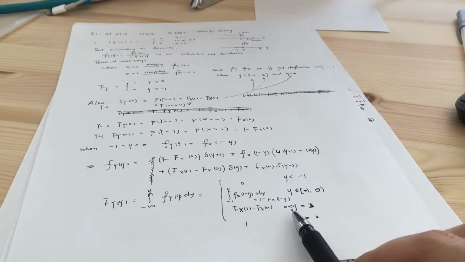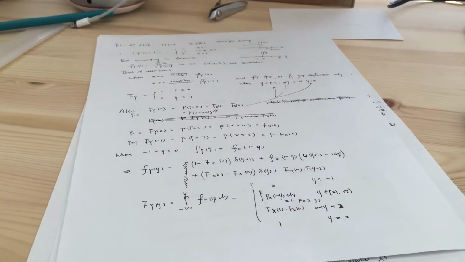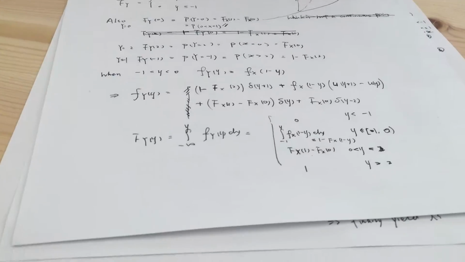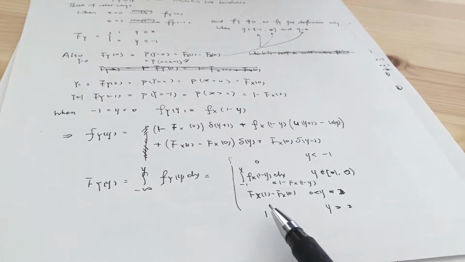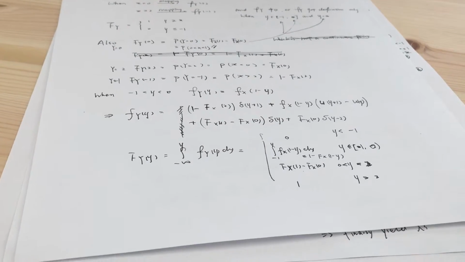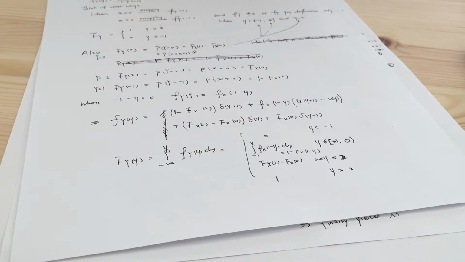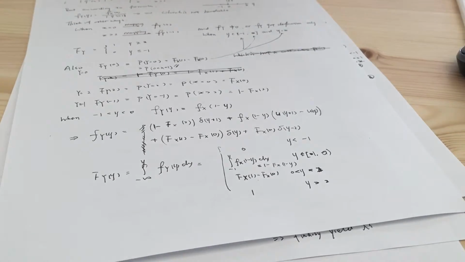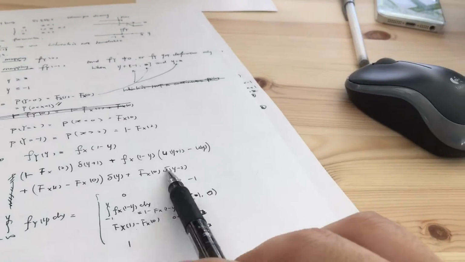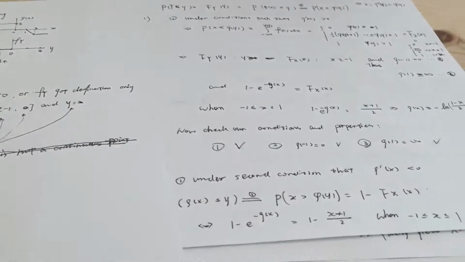And when y is in the interval from 0 to 2, there is only an impulse to raise up the cumulative distribution function, so it's capital F(1) minus capital F(0), because of the only raise up here. So maybe we use a graph to explain.